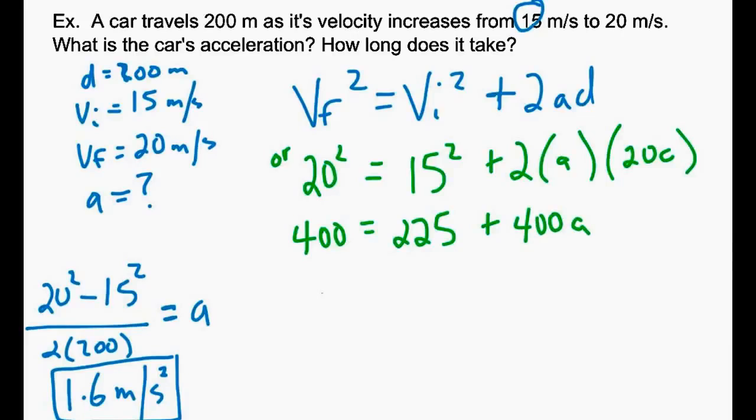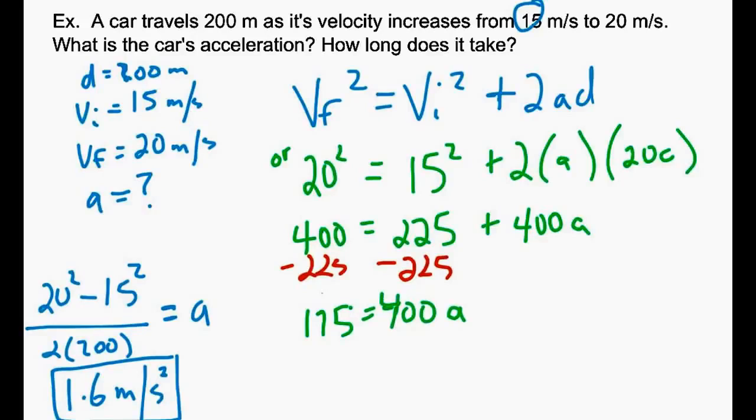So now you can see we just have a basic easy math formula to solve. We'd get rid of the 225 first. So 400 minus 225 equals 175, and that equals 400A. So our last step is divide by 400 on both sides.